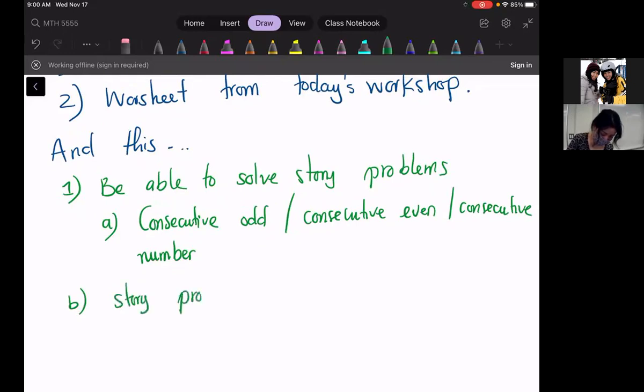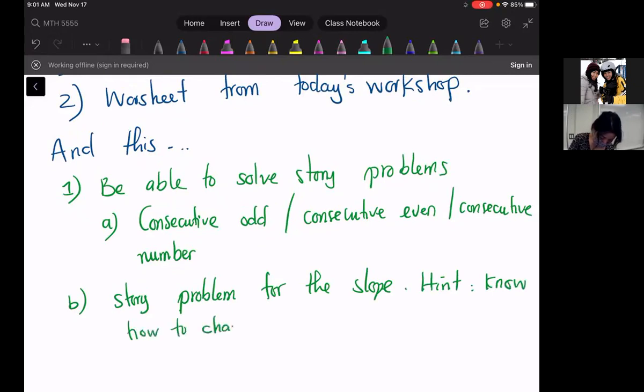Story problem for the slope. Hint: know how to change from slope to grade.